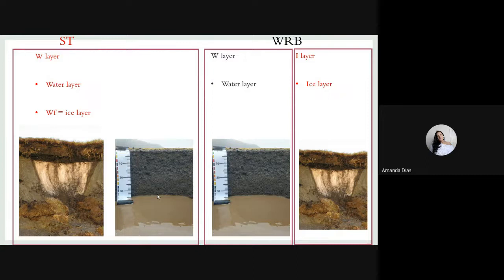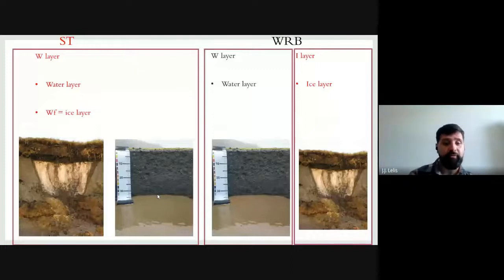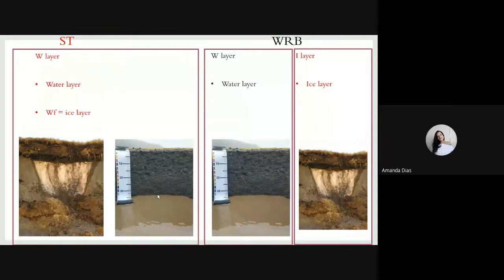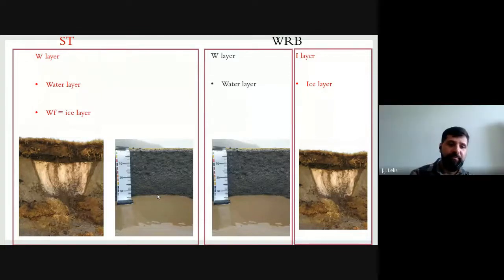I think it's common in Brazil in histosols? Yes, because they have specific soil formation processes. It's a good point. When you have flooding sites, flooding conditions, you can identify the W layer.